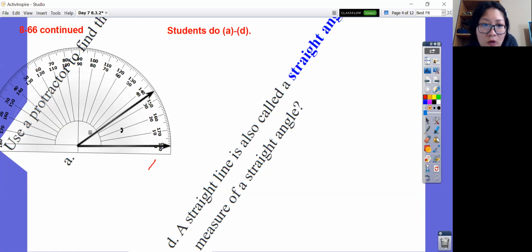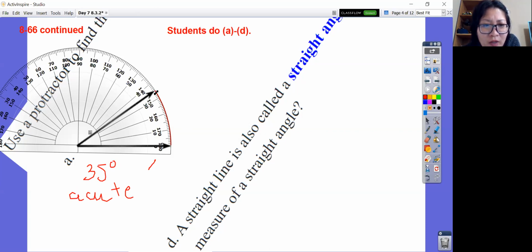All right, now I'm looking for how big my angle is. Let's try 10 degrees, 20 degrees, 30 degrees, up here. So it's going to be 35 degrees. This is an acute angle. Some students ask, wait a minute, is it 150, 140?